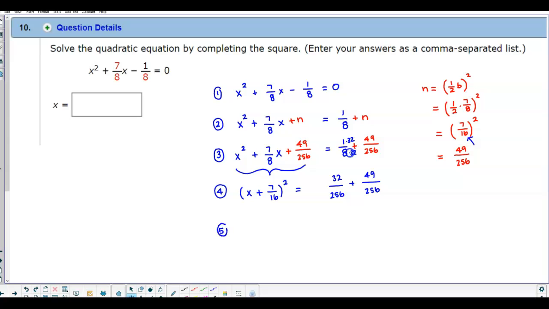So now let's add those fractions together. We get x plus 7 over 16 squared, and that's going to equal, we have a common denominator of 256. Adding 32 and 49 gives us 81.